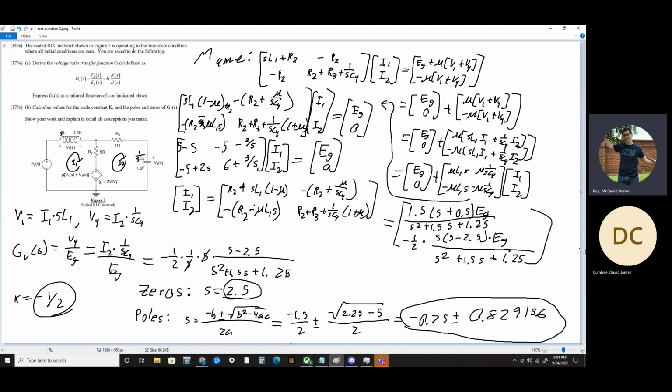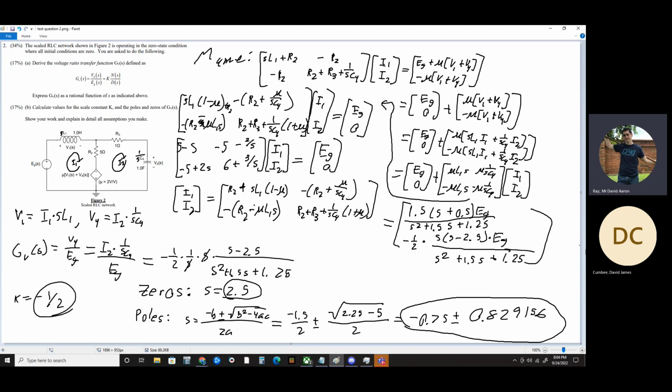So for this problem, I don't know if it's going to make you lose points or not. It says poles and zeros of GV of S. Whenever it says GV of S, that means you just assume it's going to be a function of S, and you're not going to substitute.